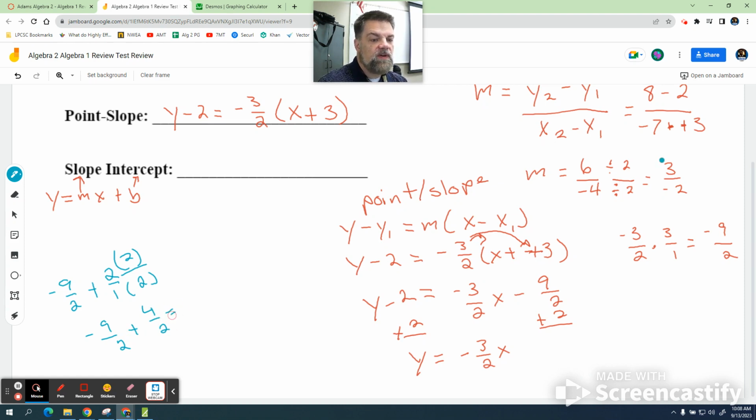And so remember, when you're adding or subtracting fractions with a common denominator, you're really just adding or subtracting the numerators, and then you keep the same common denominator. That's really negative 5 over 2, right? Negative 9 plus 4. So this is negative 5 over 2.